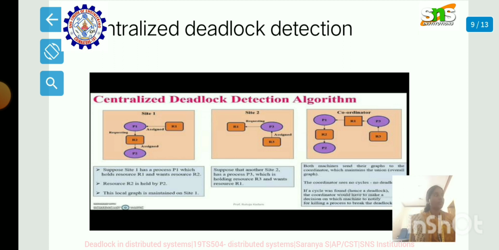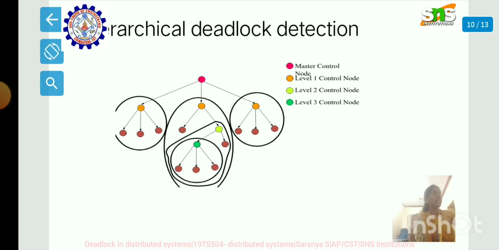The another one is hierarchical deadlock detection. In hierarchical deadlock detection, it is quite possible that a deadlock involves only a few sites which are close to each other, so they can discover the deadlock without having to communicate with distant sites.